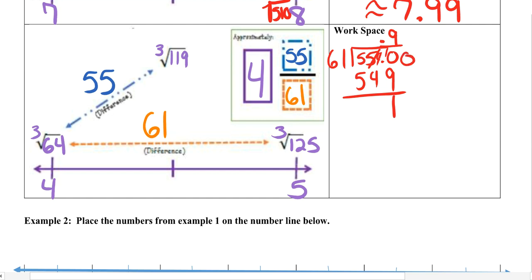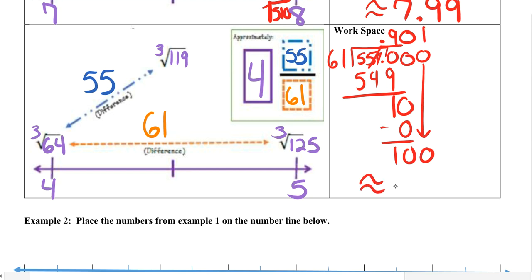So if we bring down that 0, 61 does not go into 10, or it goes in 0 times. Okay, so 0 times 61 is 0, subtract, we get 10. If we were to bring down another 0 just to see what we'd have to round, 61 goes into 10 once, and we can kind of stop there.